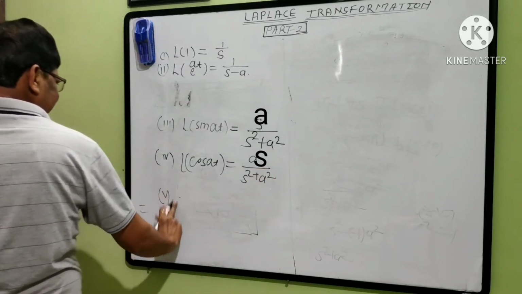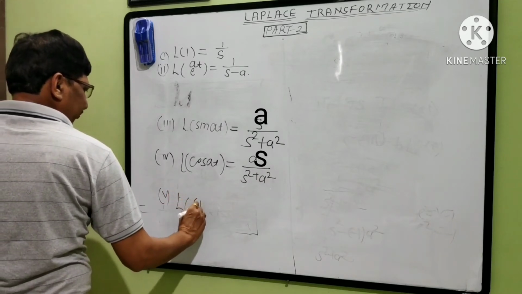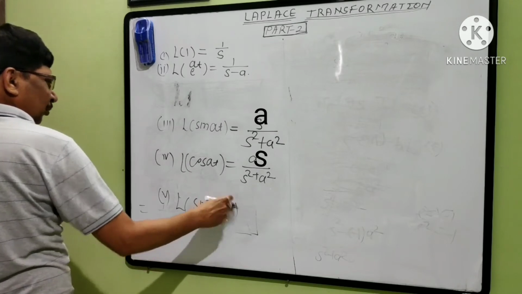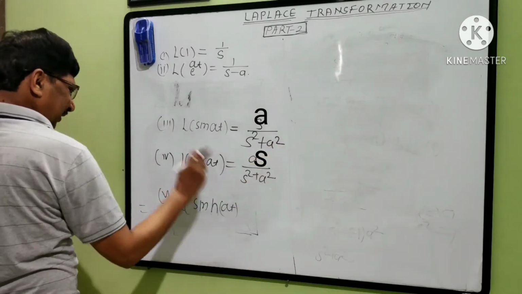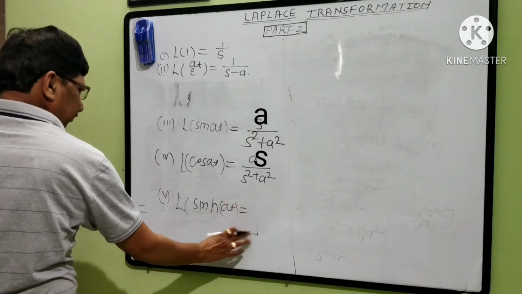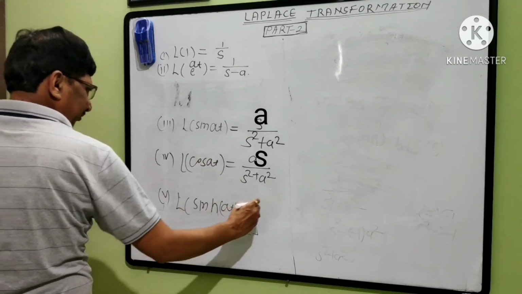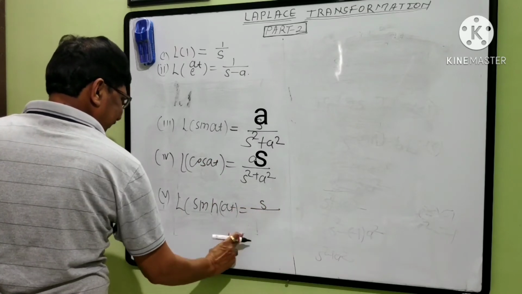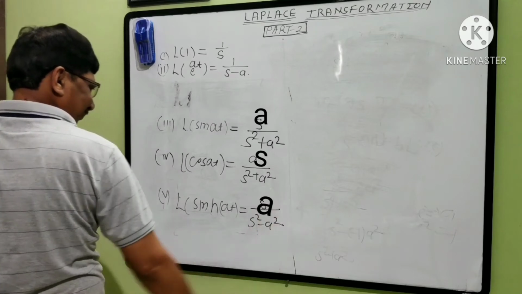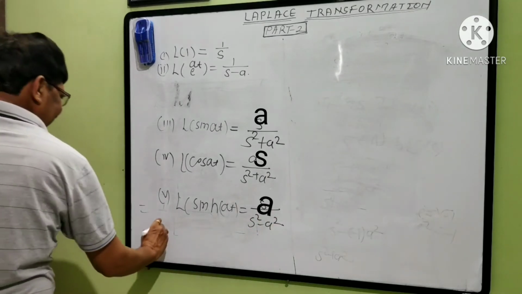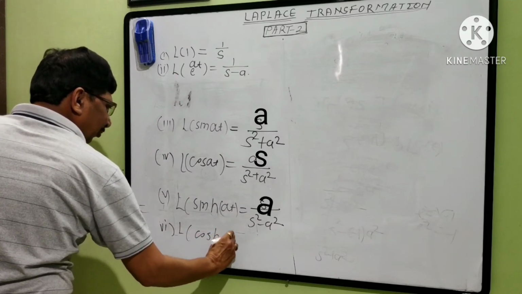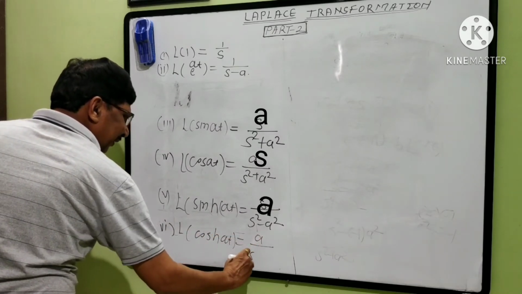Number 5, Laplace transformation of sine hyperbolic at. A is any real number, 2t, 3t, 4t like this. Only t is important actually. In general at, sine hyperbolic means a upon s square minus a square. And for cos hyperbolic, there is s upon s square minus a square.